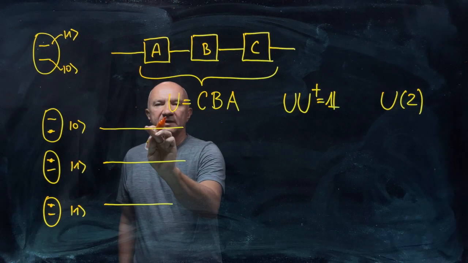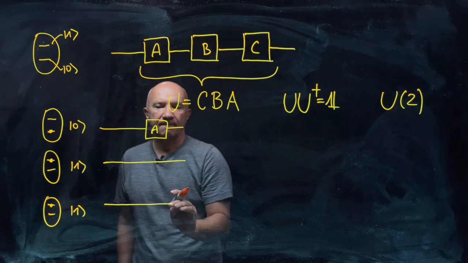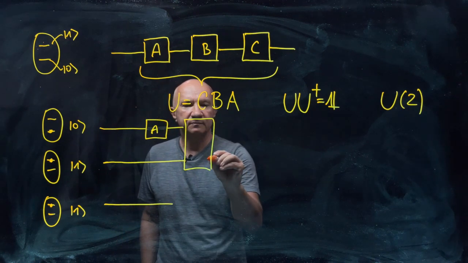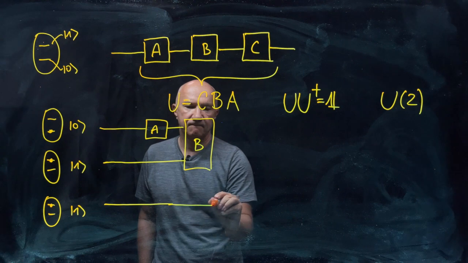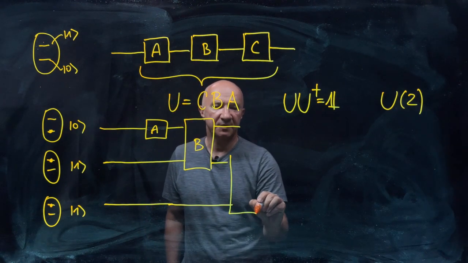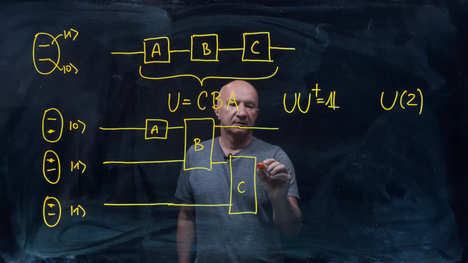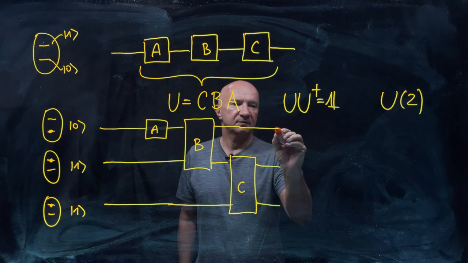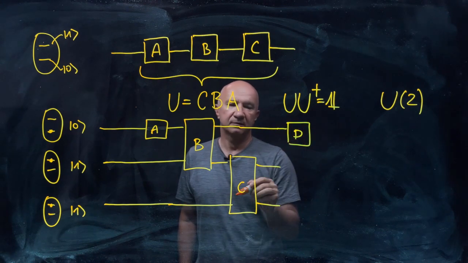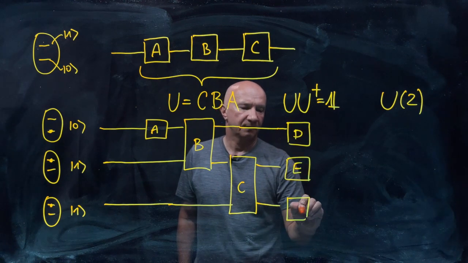So for example, I may have one here, A, then I may have another one that involves 2 qubits, B, and as we are progressing, we may have another one, say here, that also involves 2 qubits, and then some operation, call it D, and E and F.